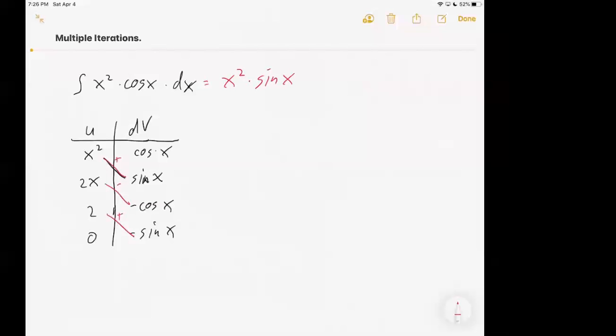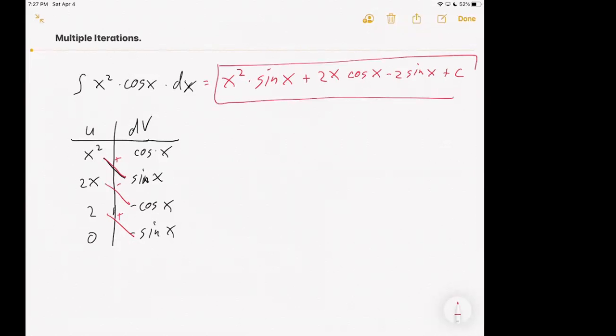The next one would be minus, but you'll notice it's negative cosine, so it's plus 2x cosine of x. The next one is a plus, but there's a negative sign, so it's minus 2 sine of x. And then if we tack a plus c on the end, that's exactly the answer that we had gotten.